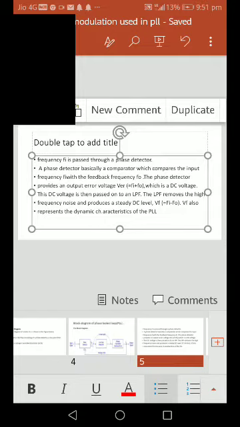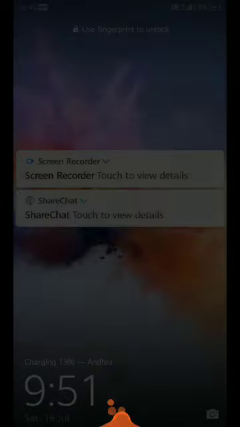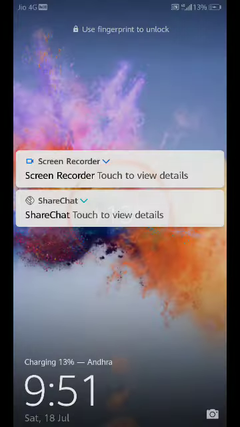We have to get the difference of the signals. Vf also represents the dynamic characteristics of the PLL, the phase lock loop.